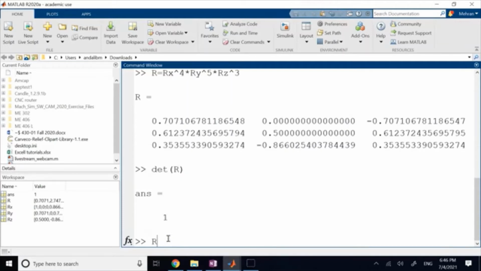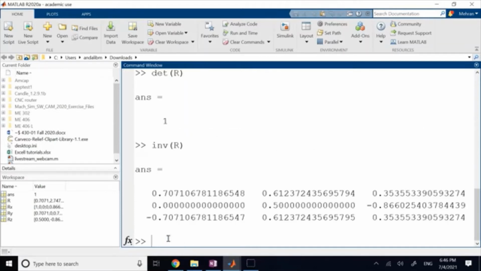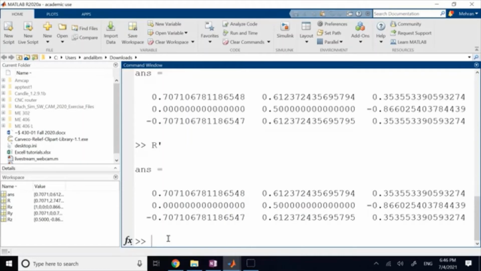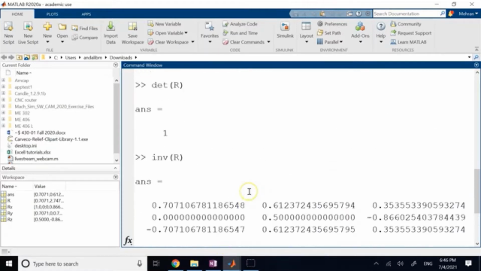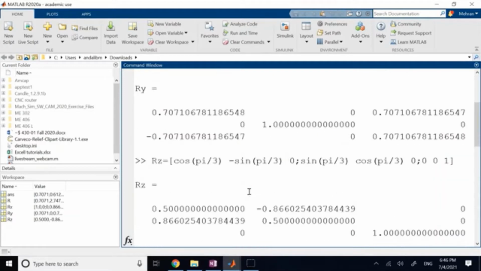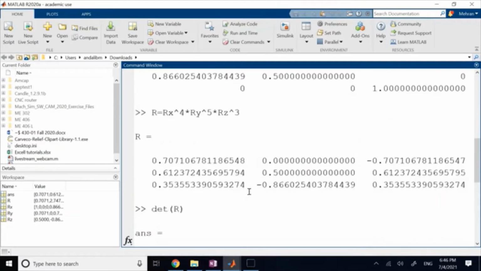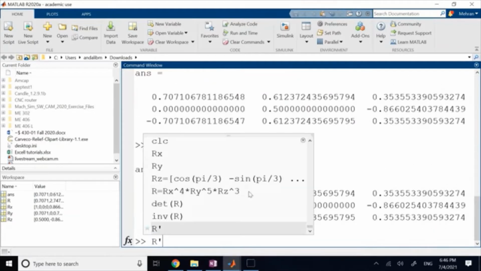It's relatively good, actually. And now let's invert it and then transpose it. And if you look at the numbers, still not a bad result, right? Still not too bad because all of the numbers are the same.